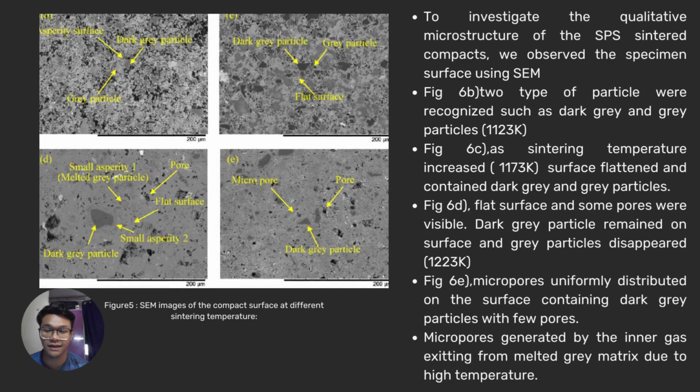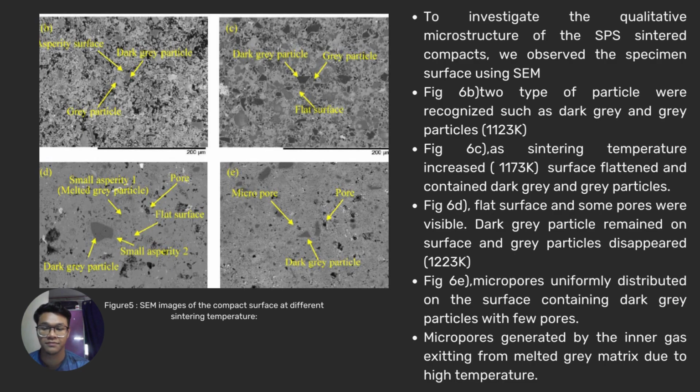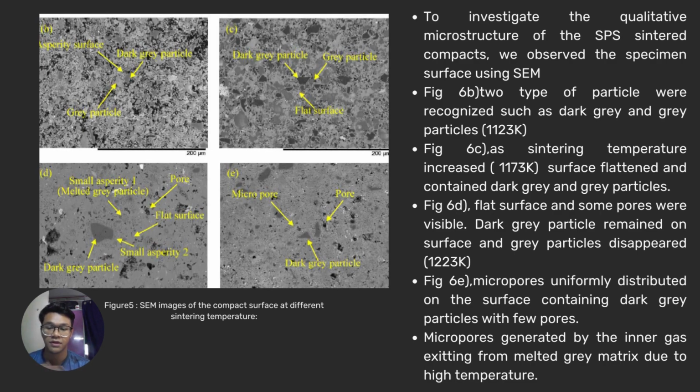To investigate the microstructure of the SPS, we are using SEM, scanning electron microscopy, and the result is shown in this figure. Figure 6b, which is at the top left, shows the two types of particle we recognize, such as dark gray particle and gray particle.